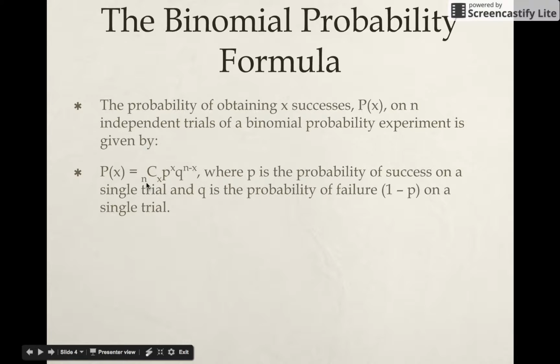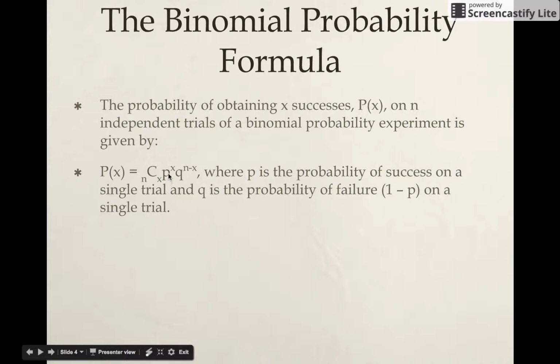The formula here is given by nCx. That should look familiar from our counting problems that we worked earlier in this app. This is the sets of size x that we're counting, nCx. In this case, that would be n trials, and I like to think of it as choose x successes.